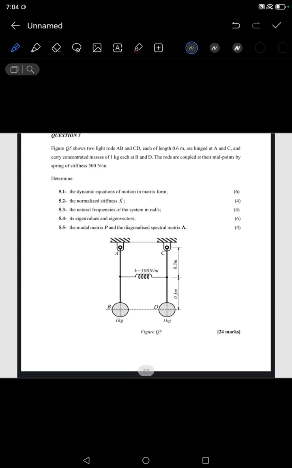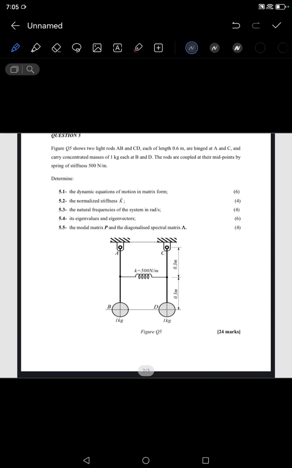They didn't specify which method to use, so you can use any method as long as you get the equation of motion. You can use Newton's second law method, or the Lagrange energy method.